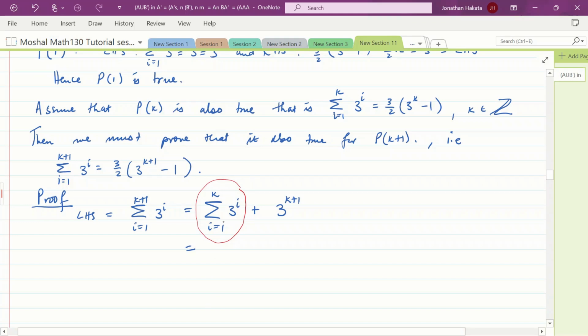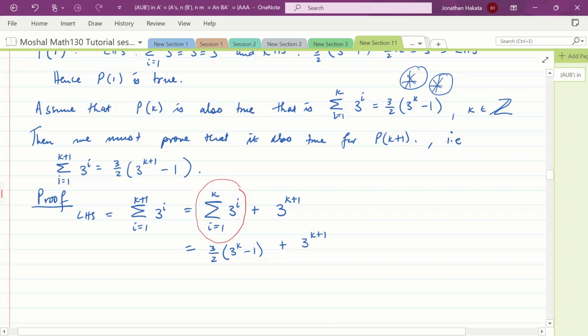That's why I did that. So then this is equal to, but according to the assumption step, this is known, right? The sum from i equal to 1 up to k is known to be this thing. So it will be 3 over 2, we are just replacing with that, where I'm putting a star here. We're taking all that, so it will be 3 to the k minus 1 plus the 3 to the k plus 1 comes back.